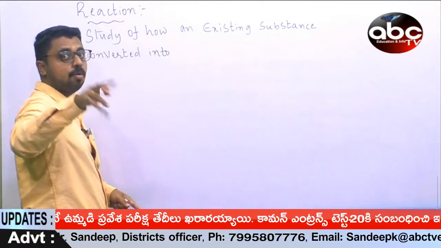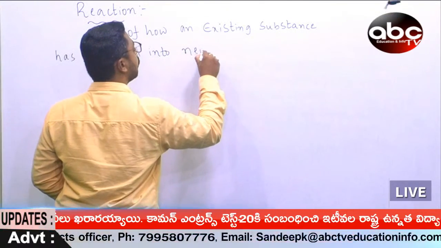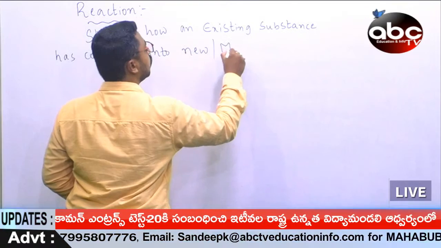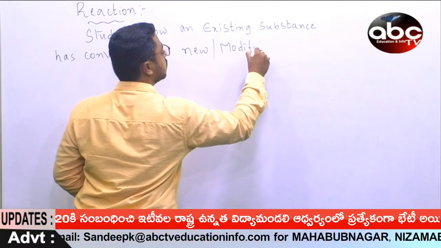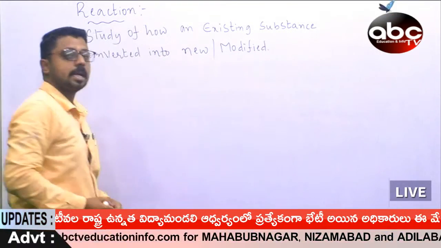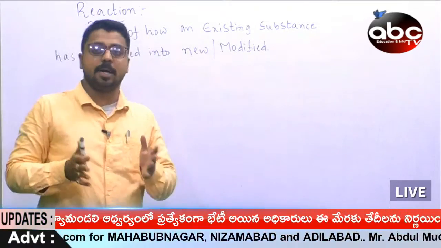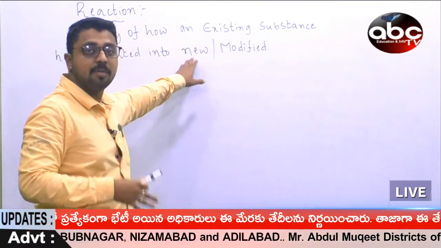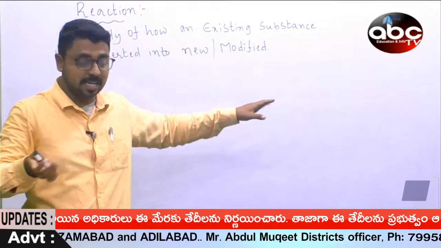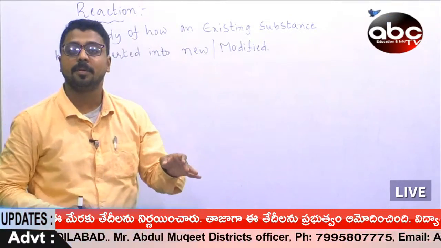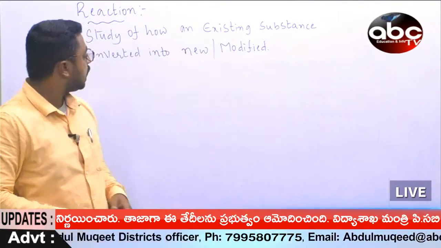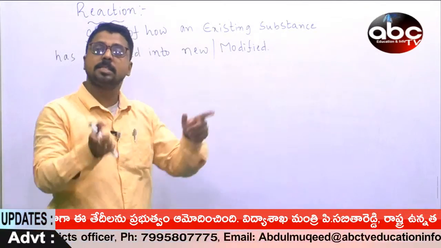Here we can have two options, new or modified. A substance can be converted into a new substance if we apply a chemical change. An example is firing the paper. Automatically it's a chemical change. Whereas when it is modified, that is a physical change.